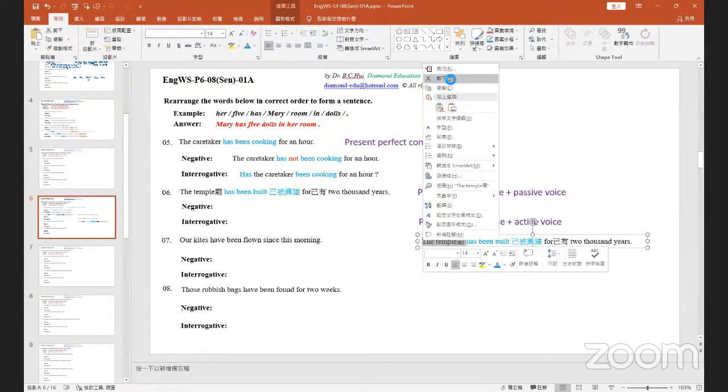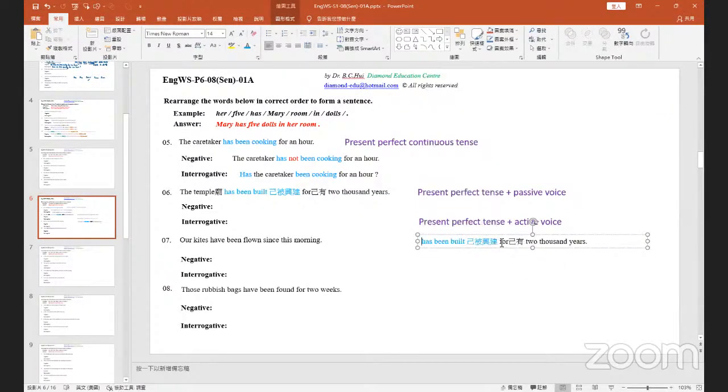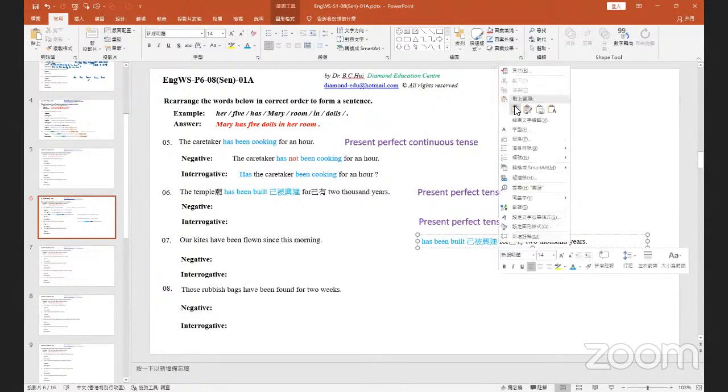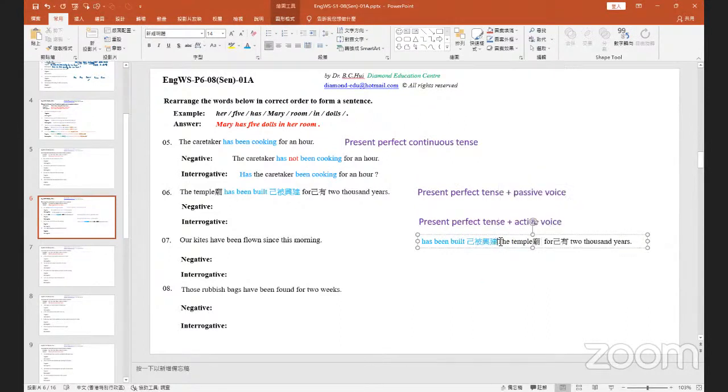You move the object to the back. The temple has been built.